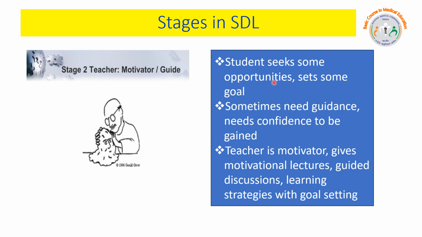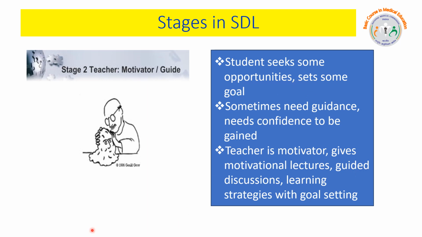It works very well for these students, and the teacher plays the role of a motivator. That is the reason why a charismatic personality works well with these learners. The teacher gives motivational lectures, guided discussions, and instructions on learning settings and how to set goals. So this is stage number 2, the interested learner.